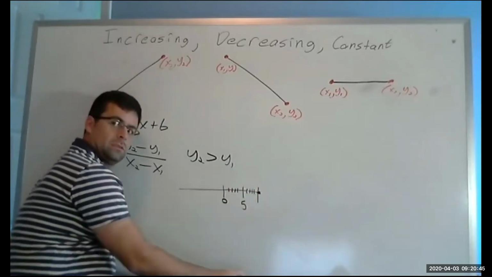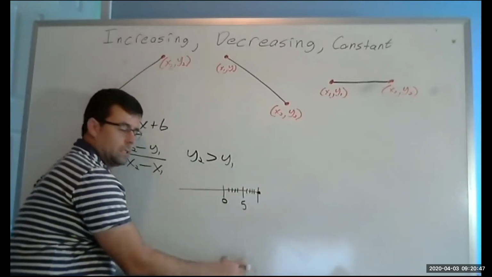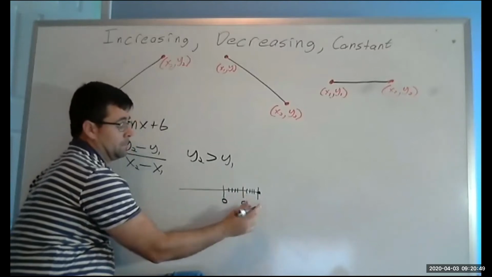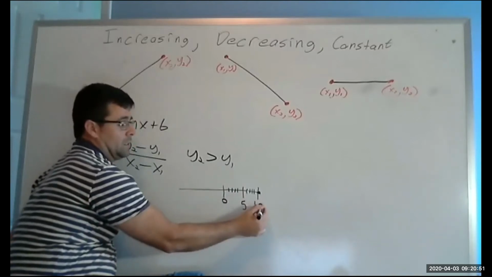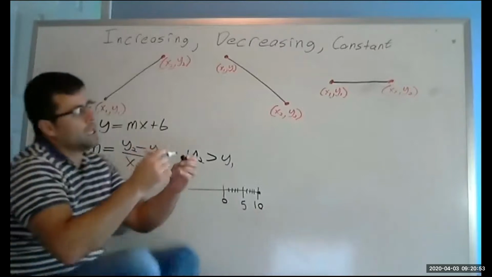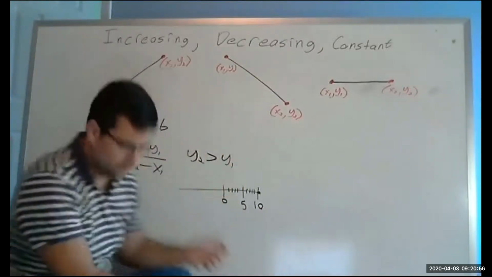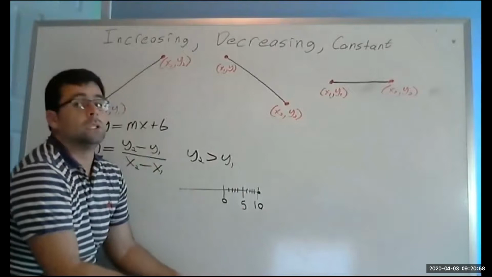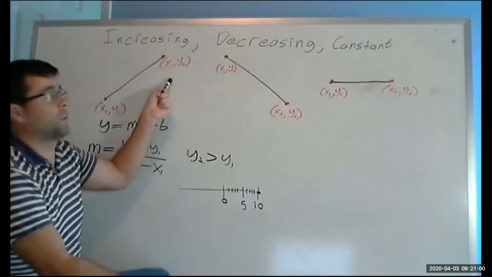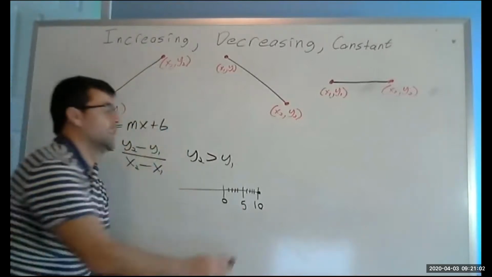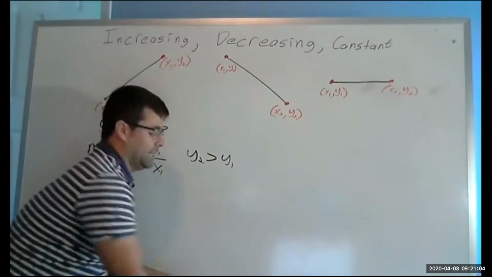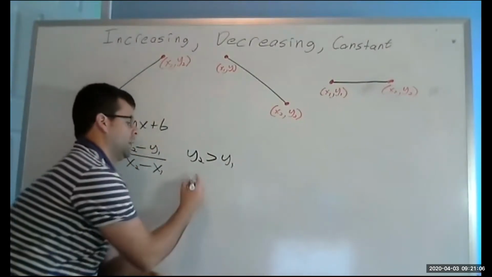What is that? It's 10. So if this one's x value is further to the right, that means that its x value is greater than the other one.